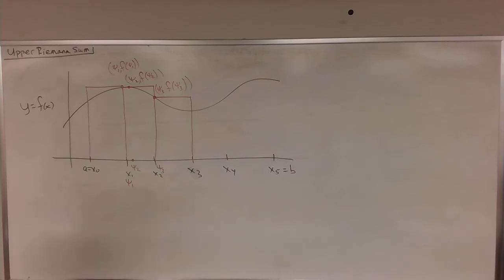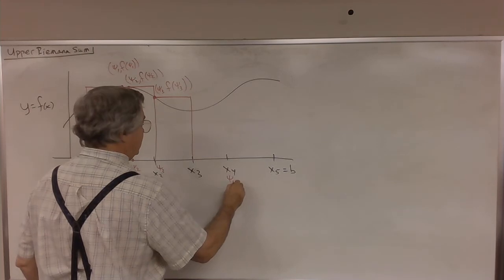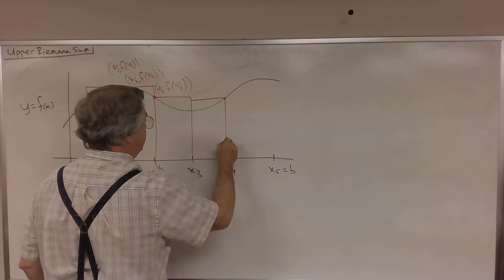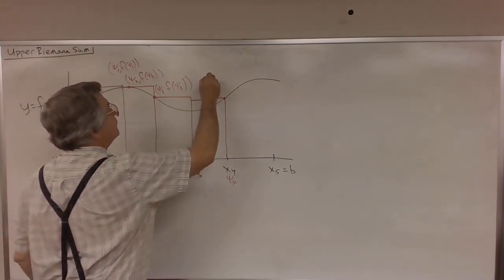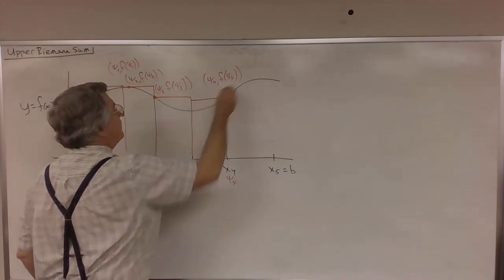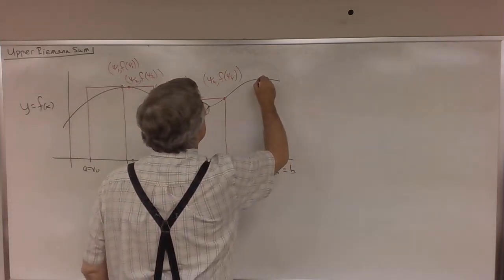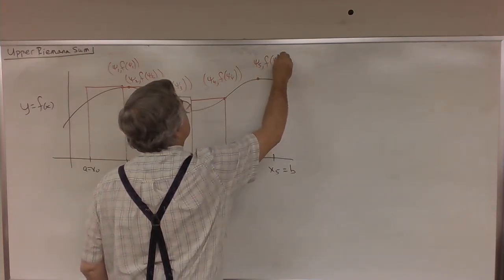And in the fourth subinterval, the largest value of f of x occurs right here. So this is psi sub 4, f of psi sub 4. And the largest value in the fifth subinterval, let's say it's right there, psi sub 5, f of psi sub 5.